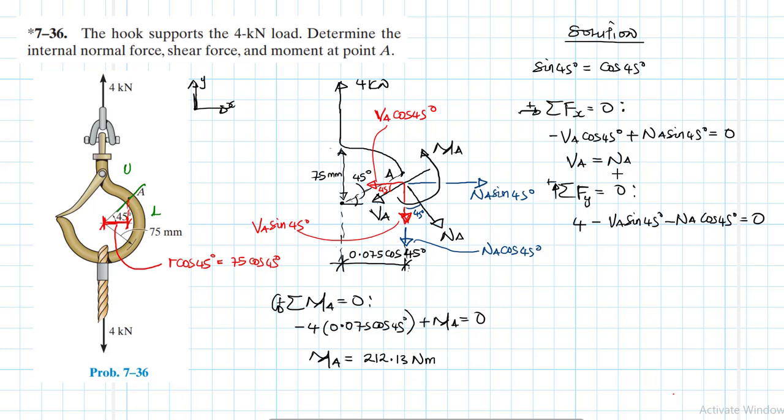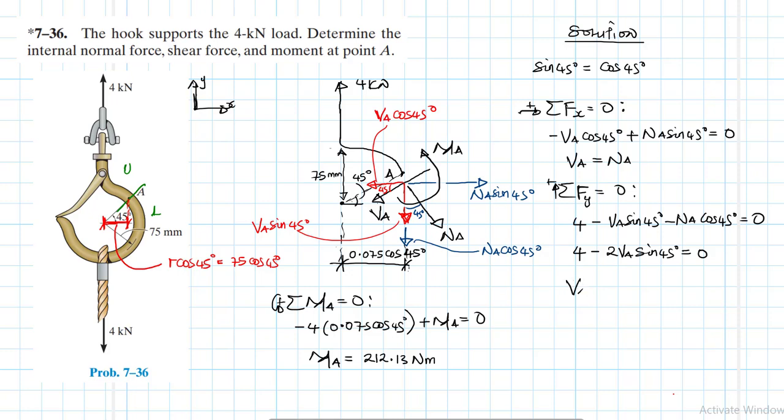Since VA is equal to NA, we can replace whichever. So I replace NA with VA and maintain just one angle there, because these are equal. It doesn't matter whether you use cos 45 or sine 45 there.